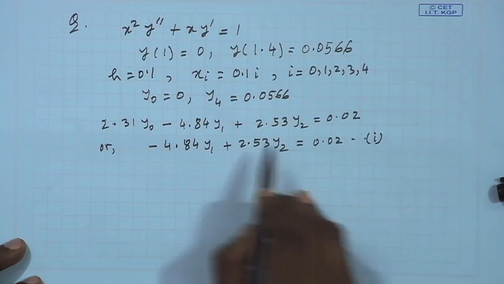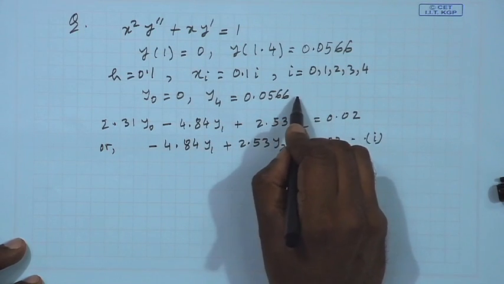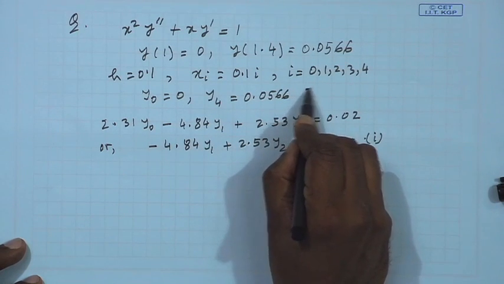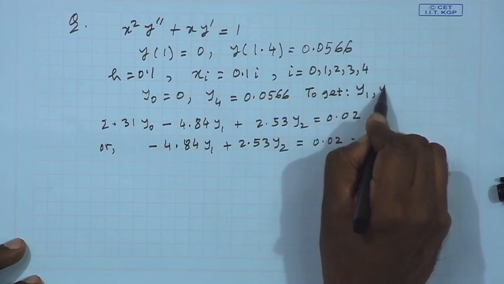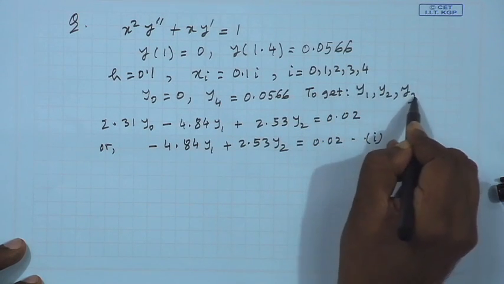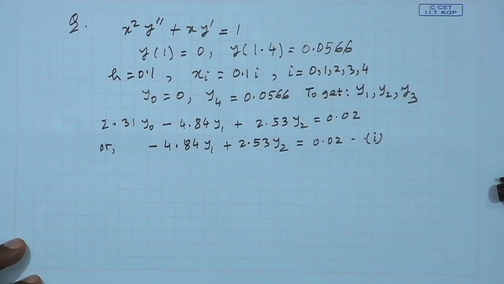This is equation 1. Now, our unknowns are y1, y2, y3, 3 unknowns. So, this is the first equation.